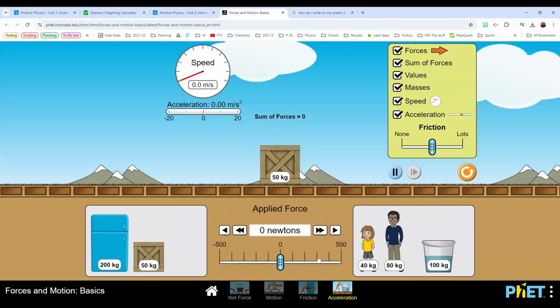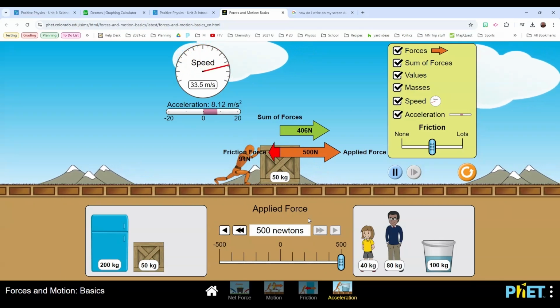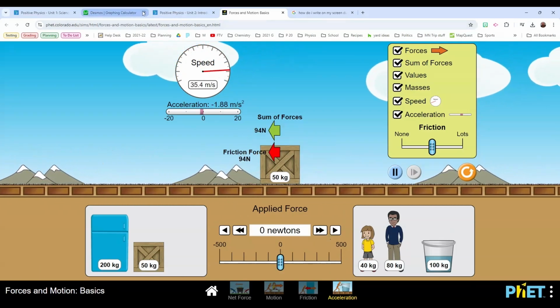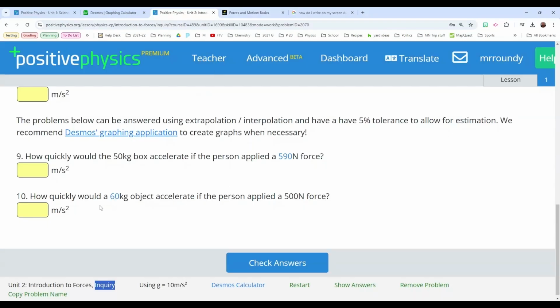So if we take the 50 kilogram box, we see that the 50 kilogram box gives us an acceleration of 8.1. So a 50 kilogram box would give us 8.1 as an answer.